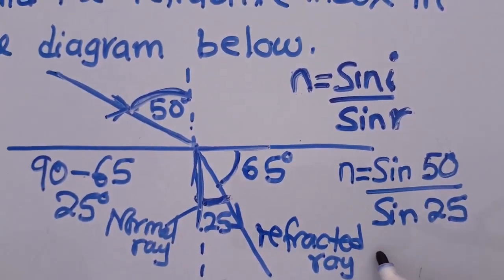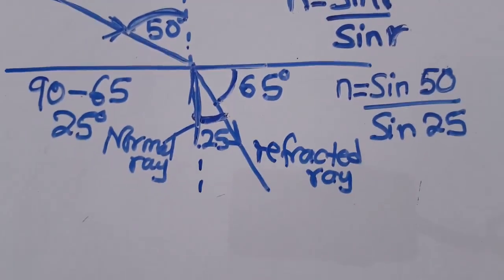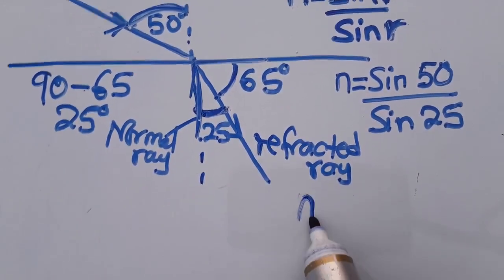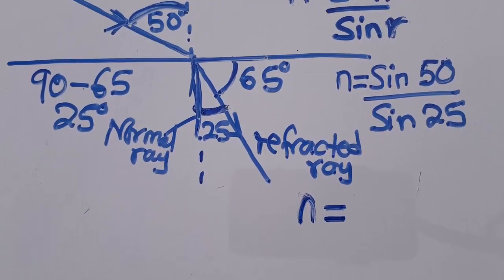Then you proceed and say this is now equal to what? We continue from here, where I'm going to say now N is equal to what? So what is sine 50? You punch it on your calculator.